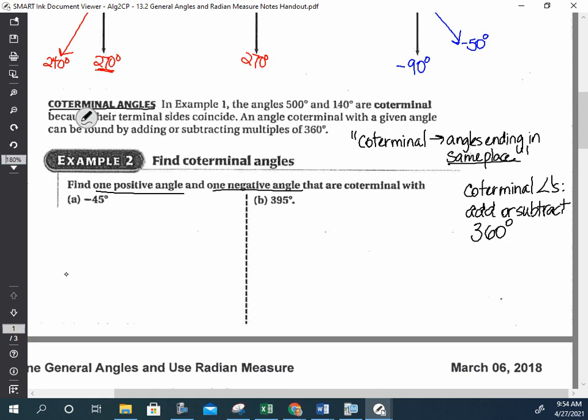So for negative 45 degrees, to get your positive coterminal angle, you take the angle that they gave you, and you add 360.